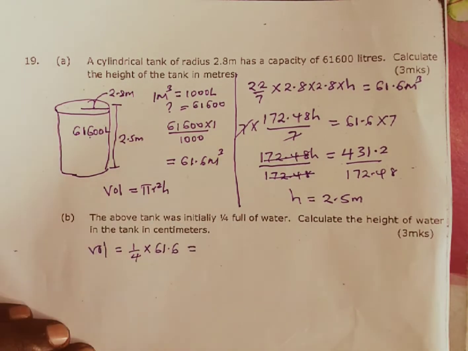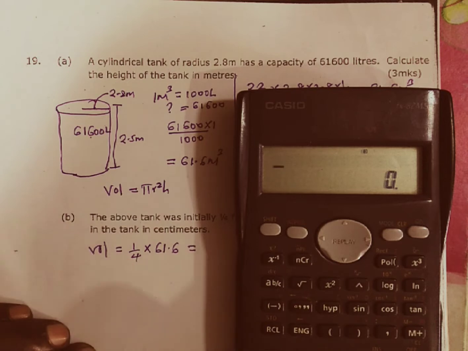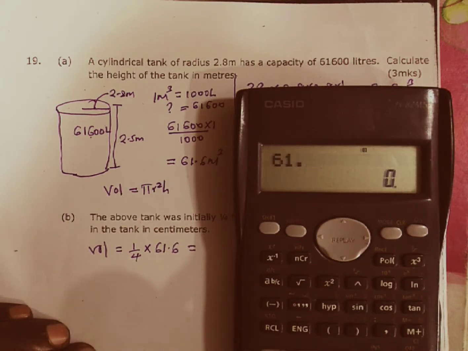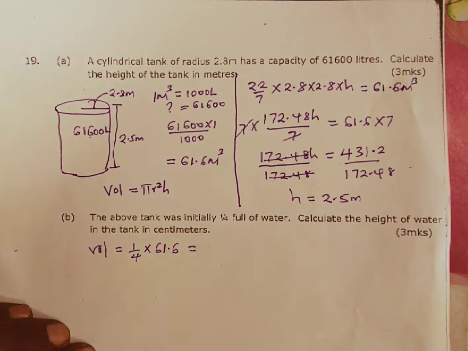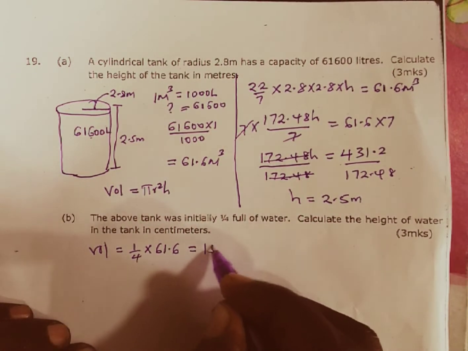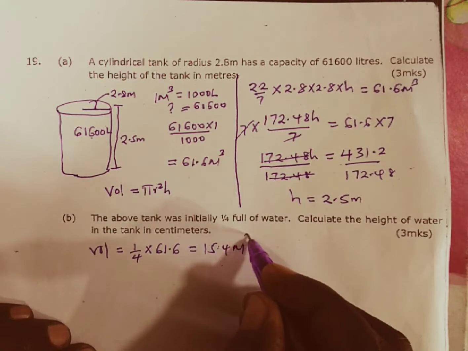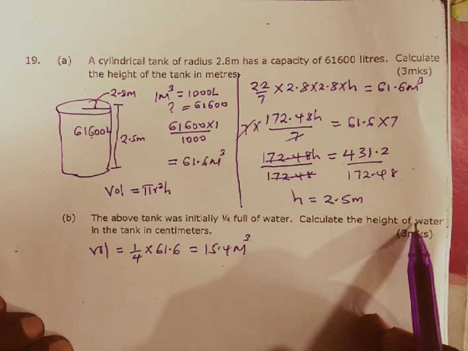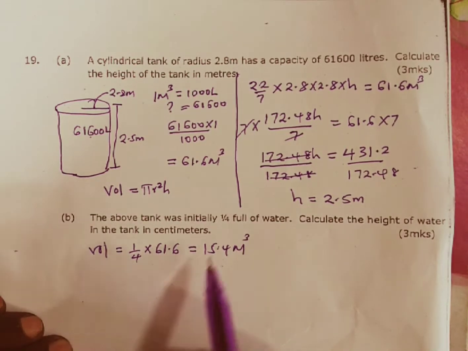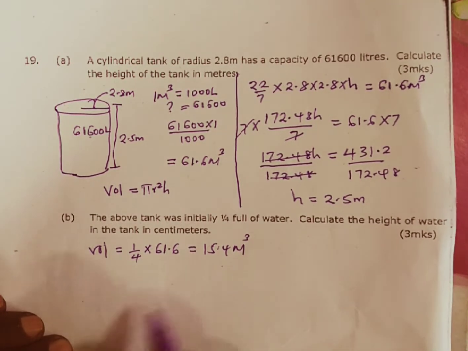You divide by 4, and this gives us 15.4 meter cubic. So they are saying we calculate the height of the tank with a volume of 15.4 meter cubic.